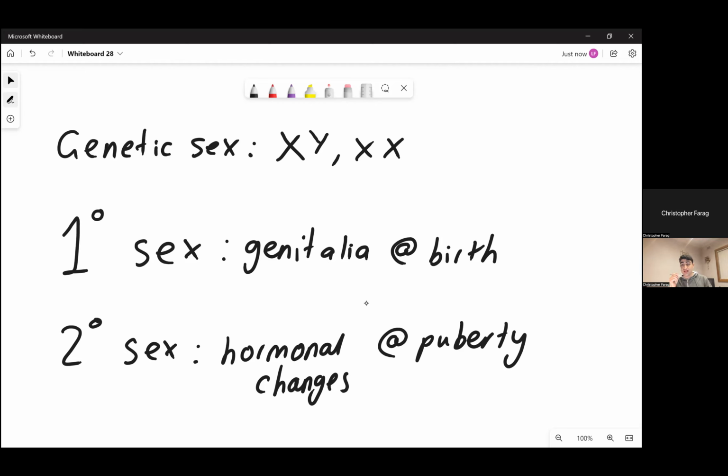There are certain conditions where you can get the genetic sex of a male and the primary sex of a female, for example, or vice versa. Or you can have a primary sex male who develops female characteristics at puberty. That's what we're going to go into today: what is the genetic development of those conditions? We're not going to go into the specifics of those conditions, but rather what the changes are at each of these steps. That sets the foundation of what can go wrong.